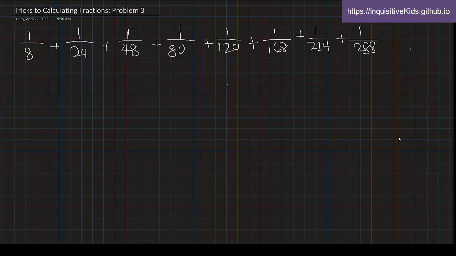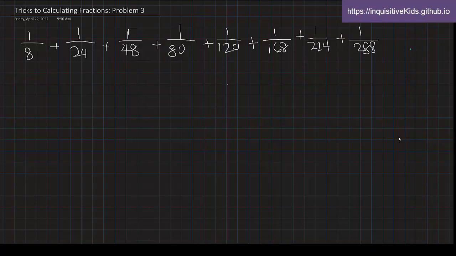So we have 1/8 plus 1/24 plus 1/48 plus 1/80th plus 1/120th plus 1/160th plus 1/224th plus 1/288th. So our first step is to find the golden sequence in here.